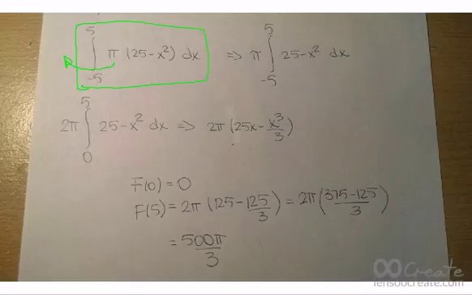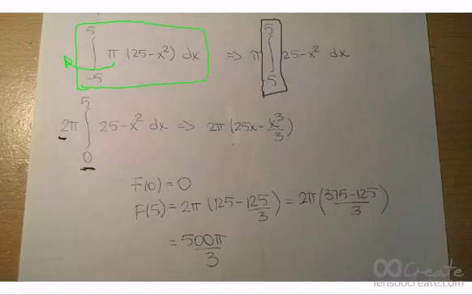Another thing I remembered is that since I have the same numbers, there's a rule that says you can just multiply by 2, like I did here, and the limits change from -5 to 5 into 0 to 5.